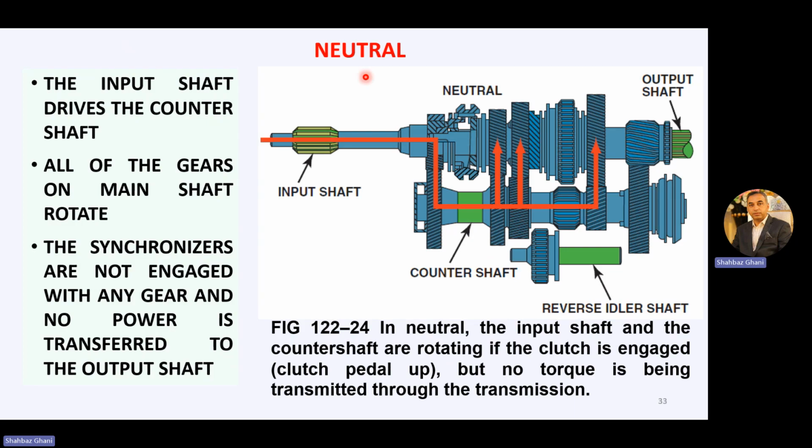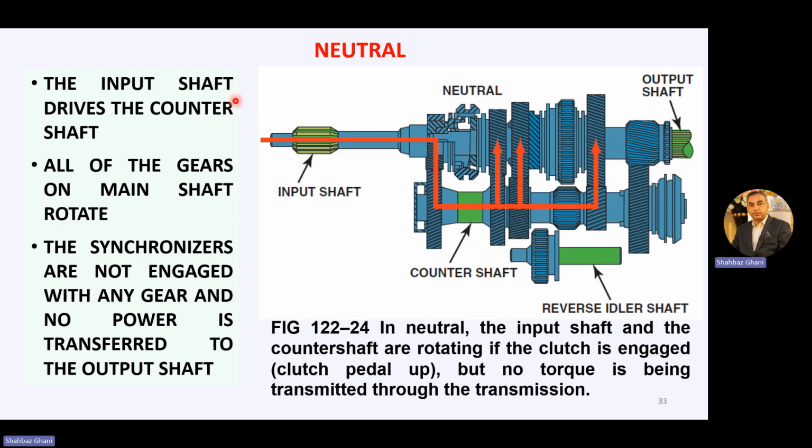First, see the neutral gear. The input shaft drives the counter shaft. All of the gears on the main shaft rotate. This is your input shaft up till here, then this is your counter shaft, and then this is your main shaft or output shaft.